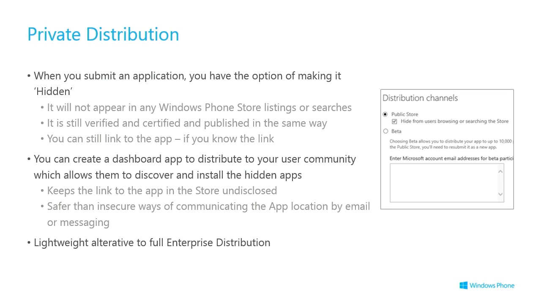But if you check that, then users will not see this. It will never turn up in searches. It's completely hidden. So this is a kind of lightweight alternative to a full private enterprise distribution if you don't want to go down that route. But it's not completely secret, so anybody who gets hold of that deep link to that application would be able to navigate to it and install it onto their phones.